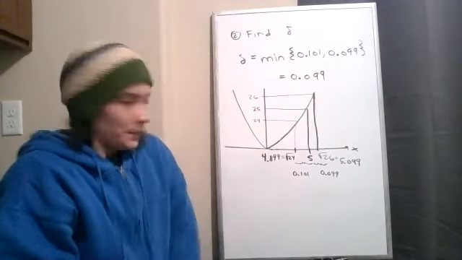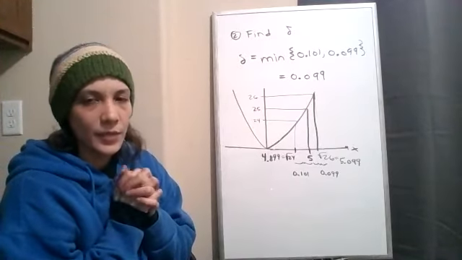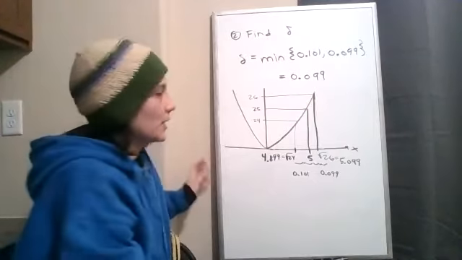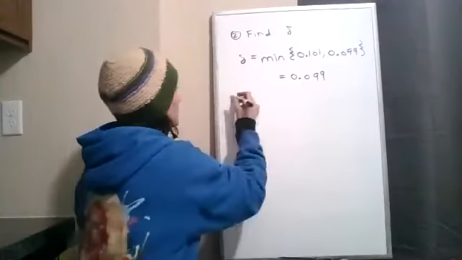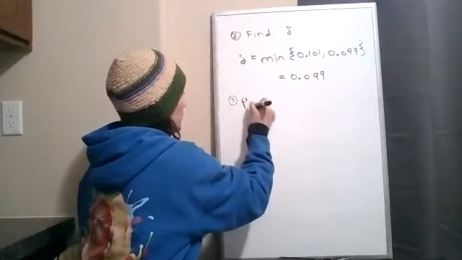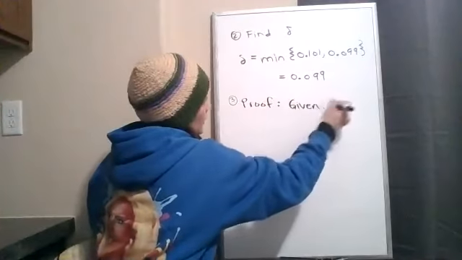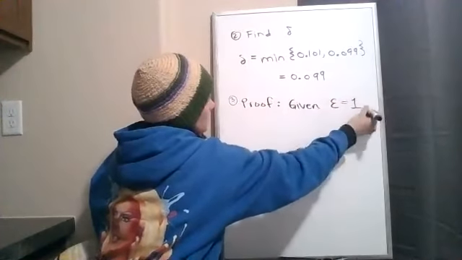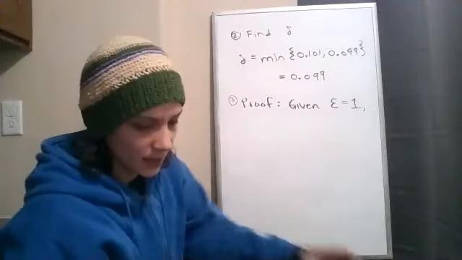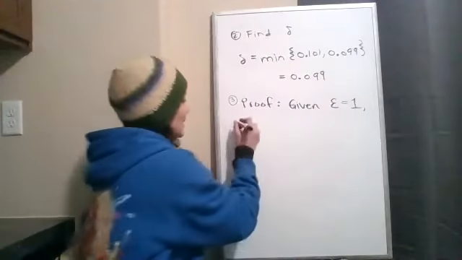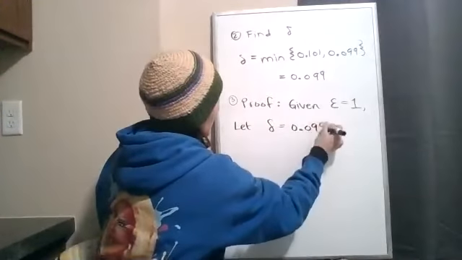And then we write the proof. All right, hopefully you've got this sketch down, but I need space to draw everything. So epsilon equal to 1. Let delta be 0.099.